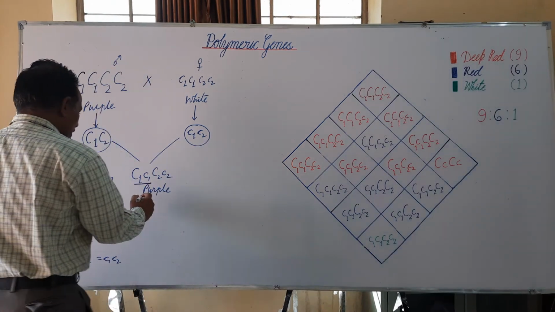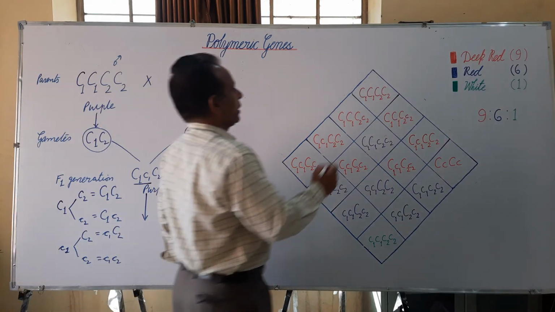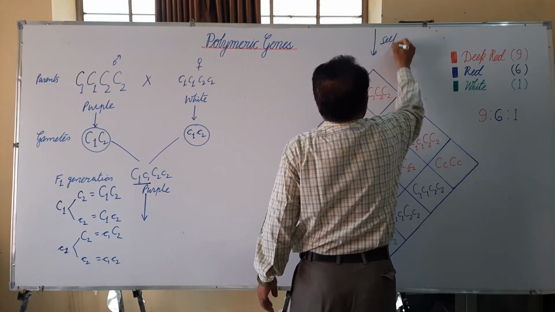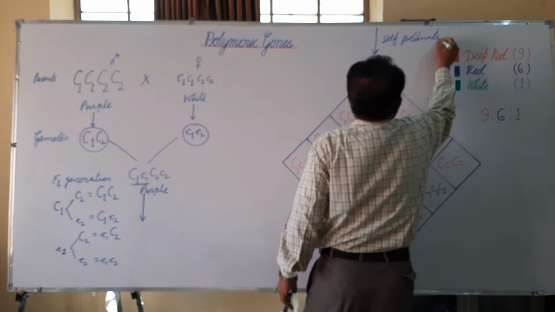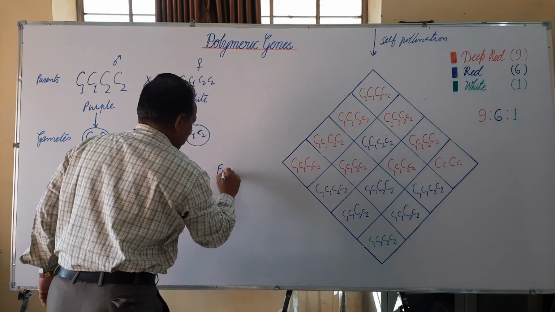When the plants of the F1 generation are self-pollinated, we get the F2 generation.